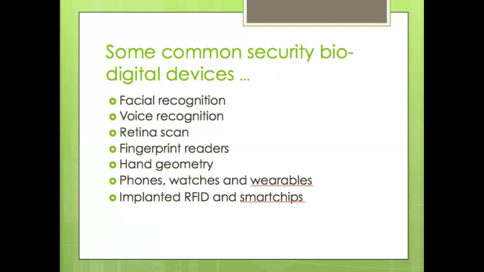Some of the more common biodigital security devices are facial recognition, voice recognition, retina scan, fingerprint readers, hand geometry, phones, watches, and wearables, and implanted RFID and smart chips. We'll go over each one of these individually, but again, make sure that you're going back to that definition. For it to be a biodigital device, it has to be a device, right?